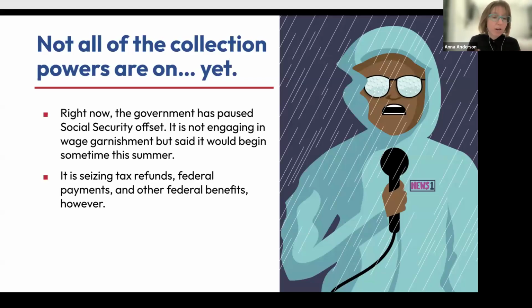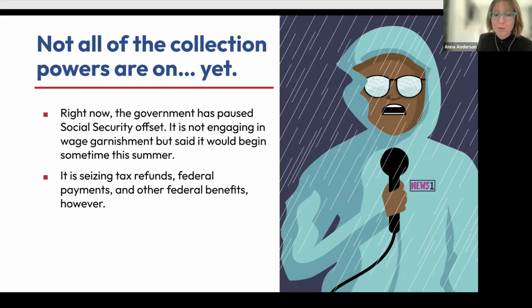So don't count on this pause on Social Security offsets or wage garnishments to last forever. In fact, the government said it's probably going to happen very, very shortly, particularly with wage garnishments. We've heard from the Department of Education that they are going to turn that on at some point this summer, which is coming up very shortly.